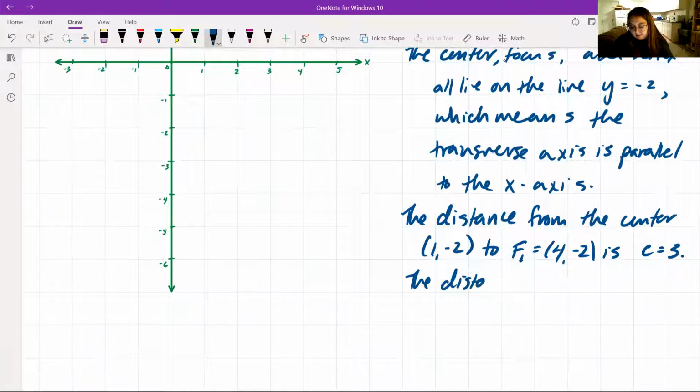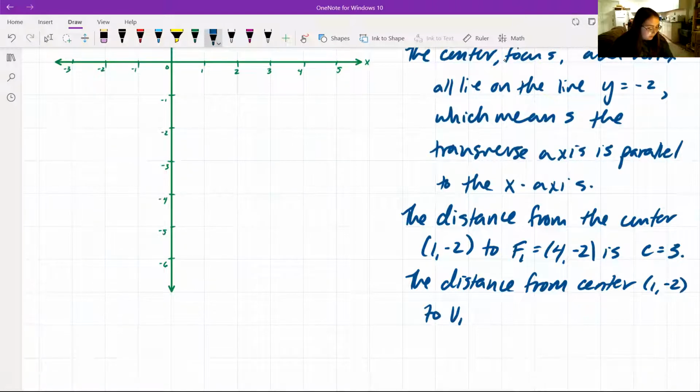Then the distance from the center, which is at 1 comma negative 2, to V1, which is at 3 comma negative 2, is going to be a equals 2. So from the center and the focus and the vertex, we were able to determine a and c.